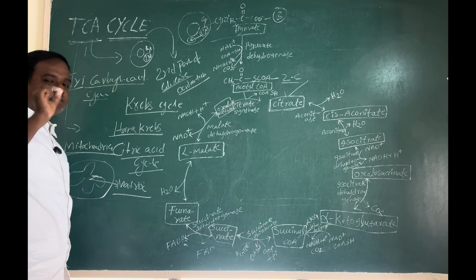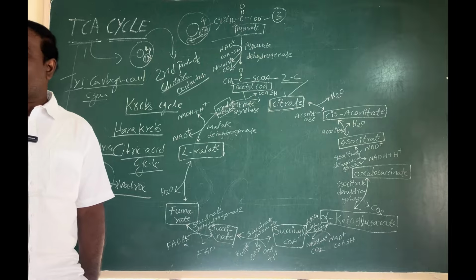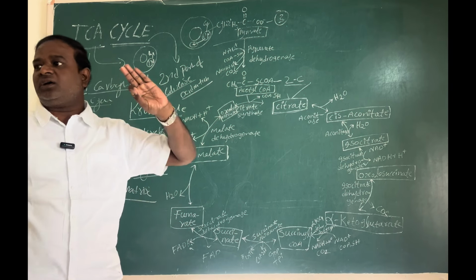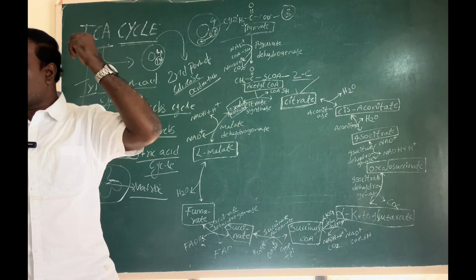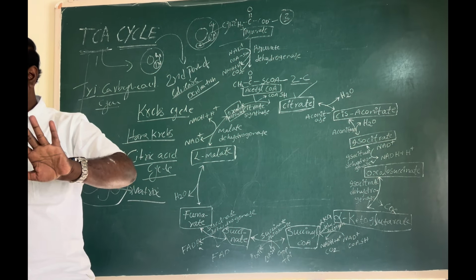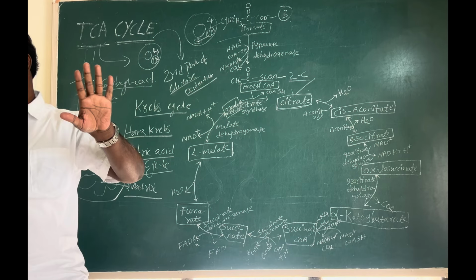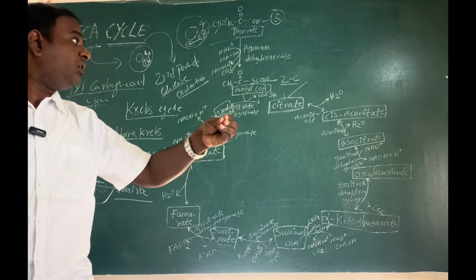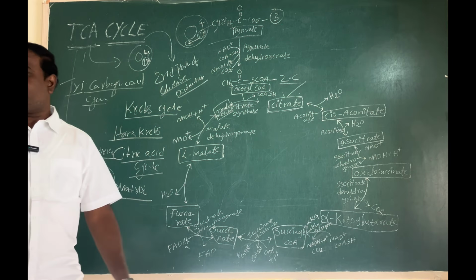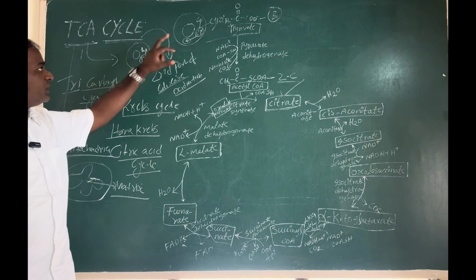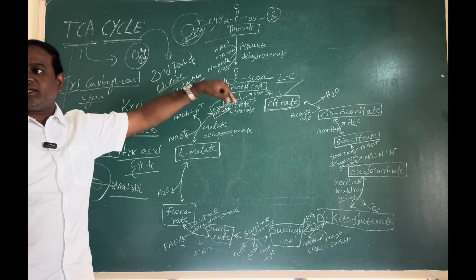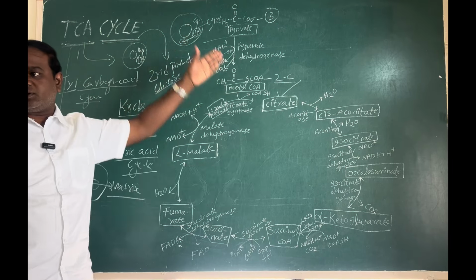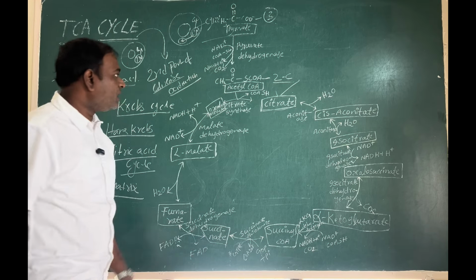If oxygen is present, then only will pyruvate enter into the mitochondria for the TCA cycle. If there is no oxygen, pyruvate will never enter into the citric acid cycle. This connecting link is between the complete oxidation of glucose.